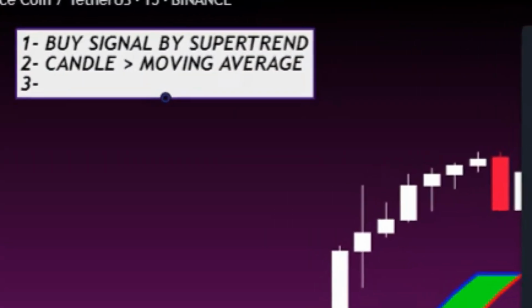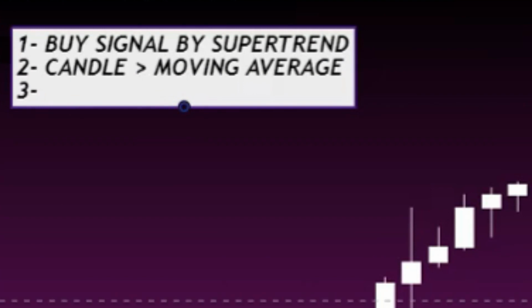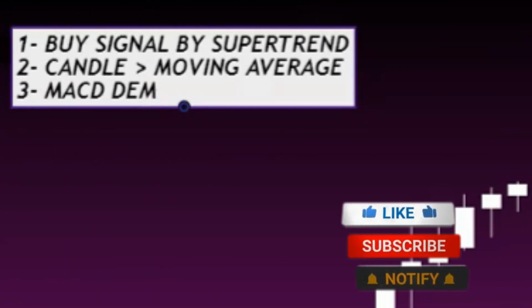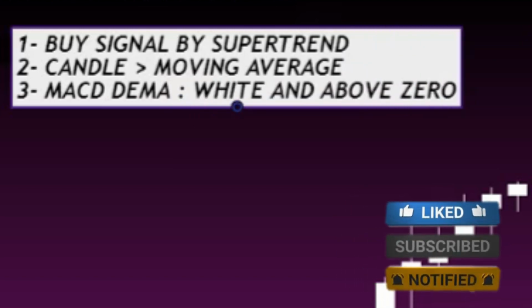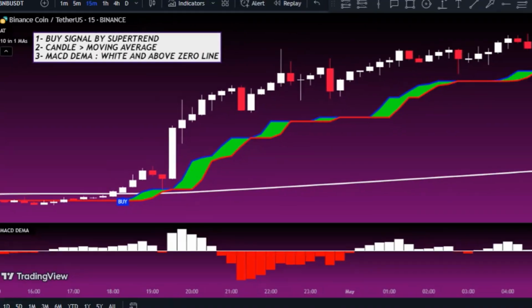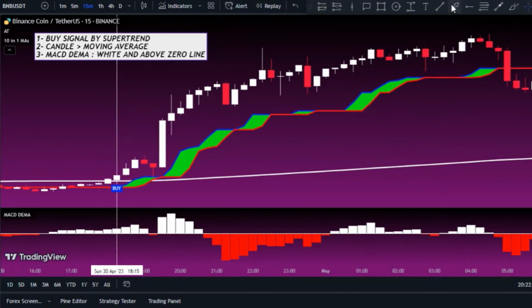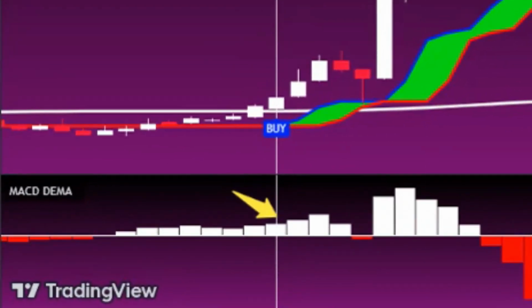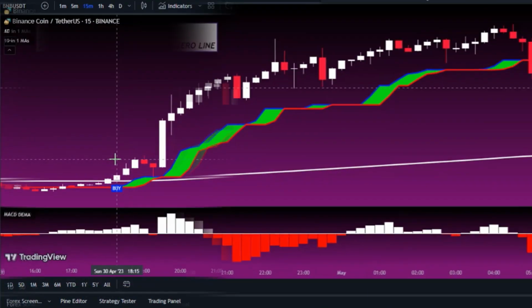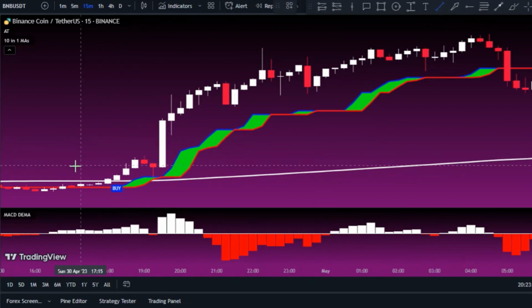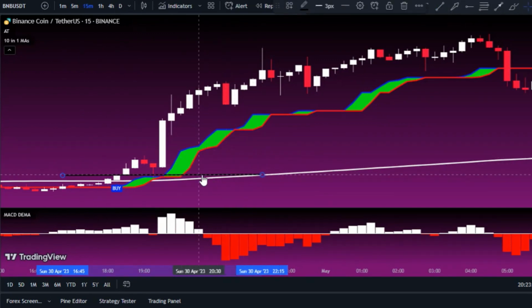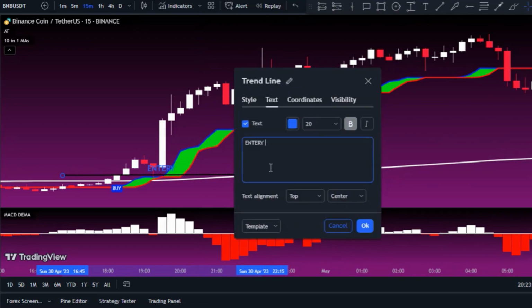Finally, the MACD-EMA indicator needs to be white and above 0. If all these conditions are met, we have a validated buy signal and can enter at the close of that candle.